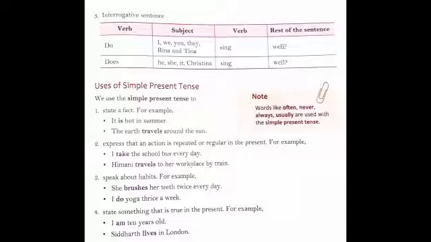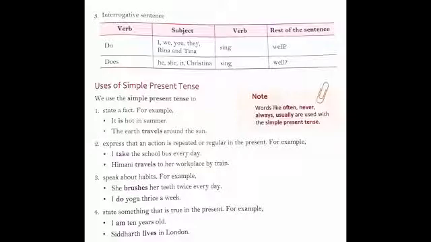So this action is repeated every day regularly in the present. Himani travels to her workplace by train. That means Himani travels by train every day. So this is an action which is repeated every day.